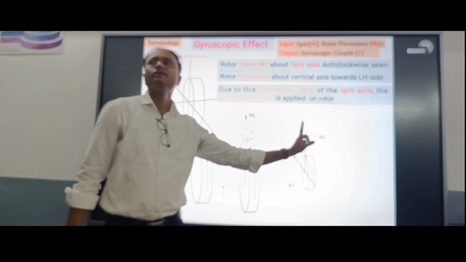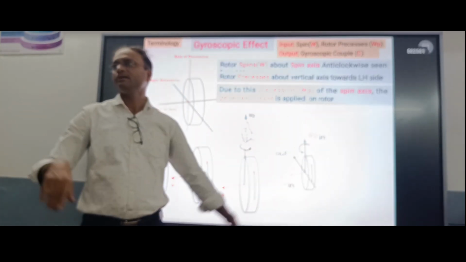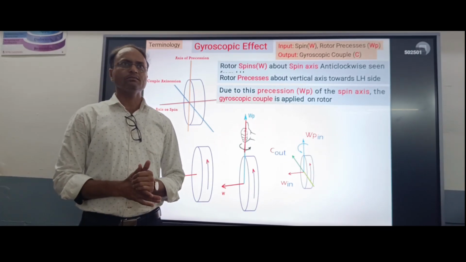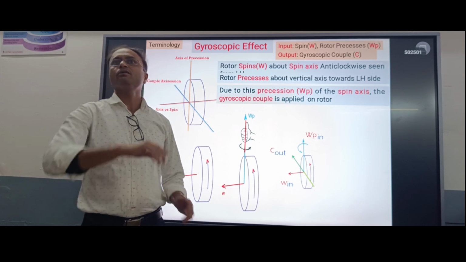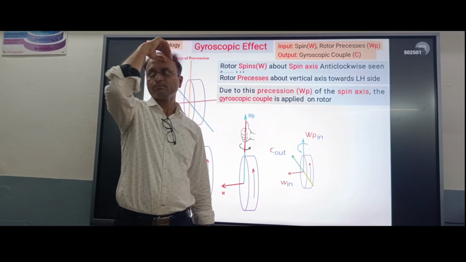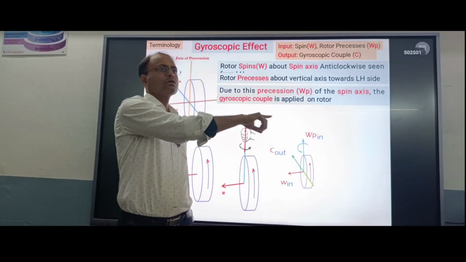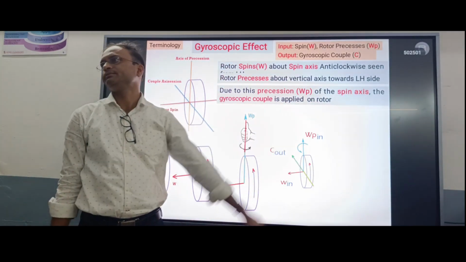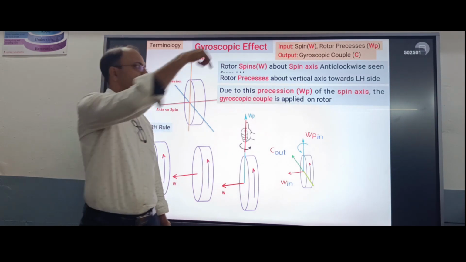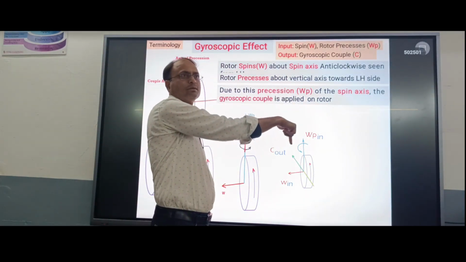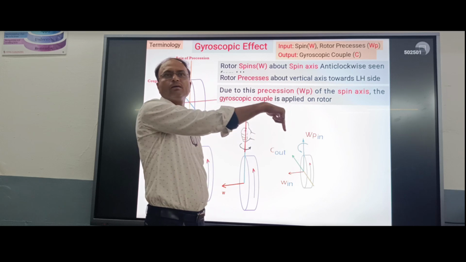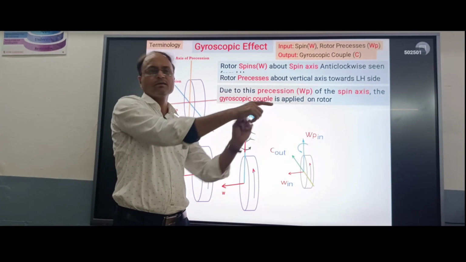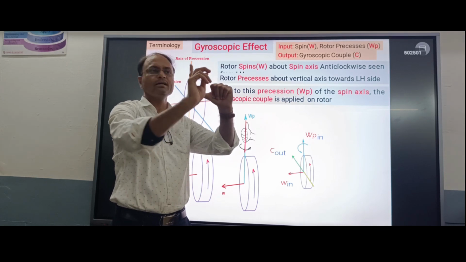Spin axis and precession axis, and at 90 degrees in clockwise direction, when seen from the top. If you see from the top, it is 90 degrees clockwise, and perpendicular to both of these. Okay, perpendicular to both and 90 degrees clockwise.